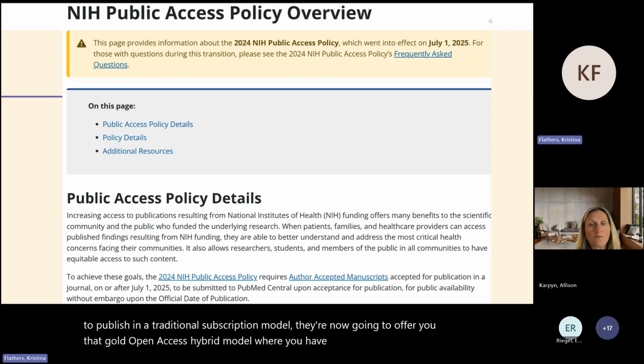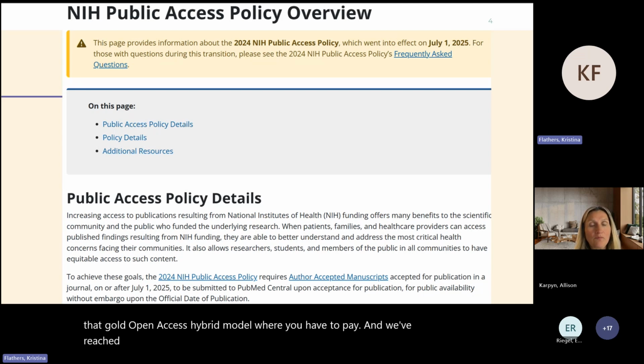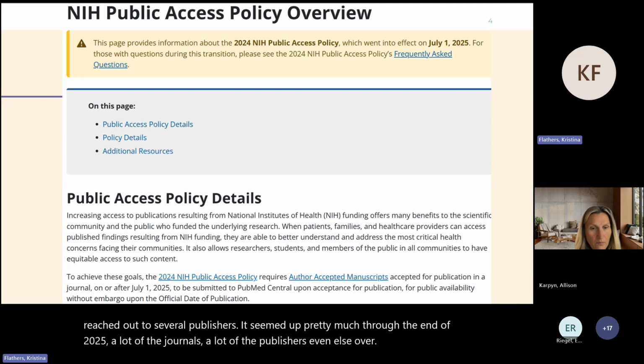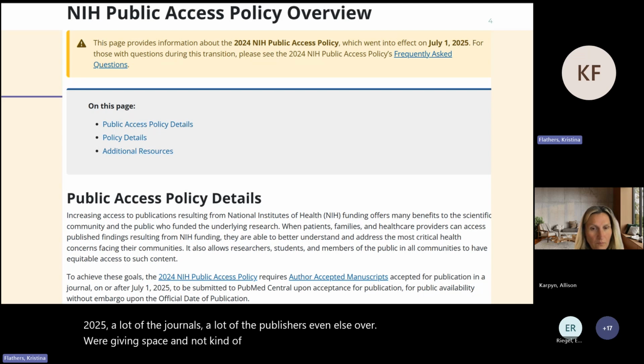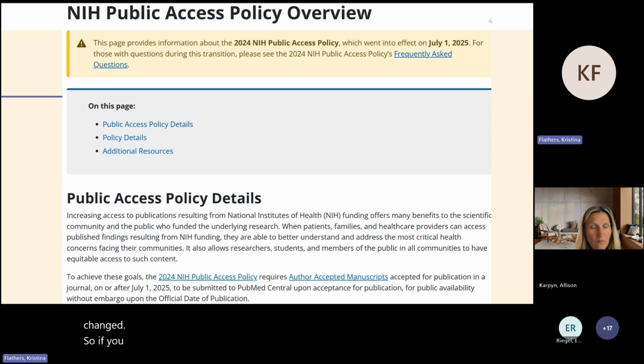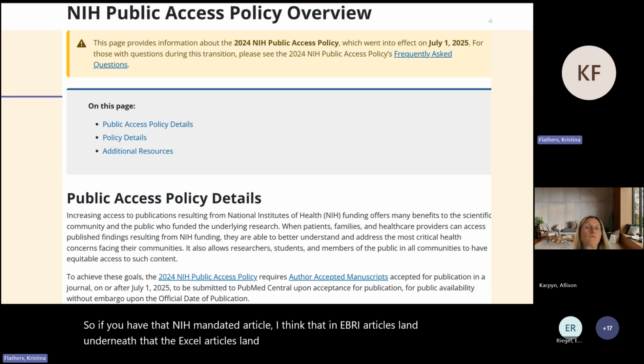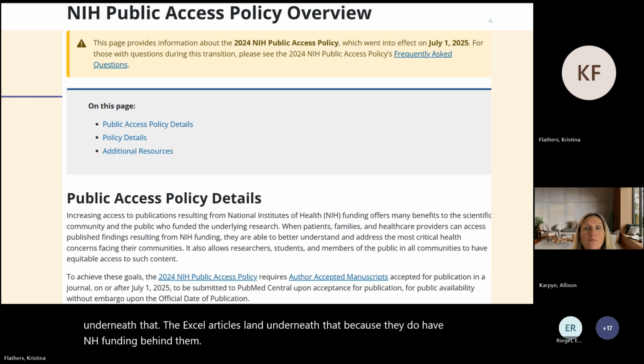We've reached out to several publishers. It seemed up pretty much through the end of 2025 that a lot of the publishers, even Elsevier, were giving space and not forcing people to pay, and that has now changed. So if you have that NIH mandated article, I think that DE-INBRE articles land underneath that, the Excel articles land underneath that, because they do have NIH funding behind them. You now have to pay.